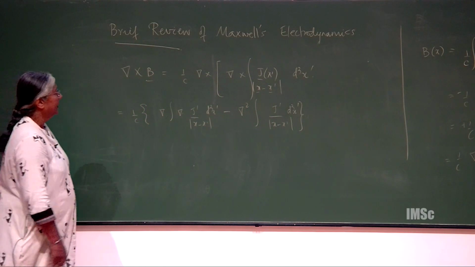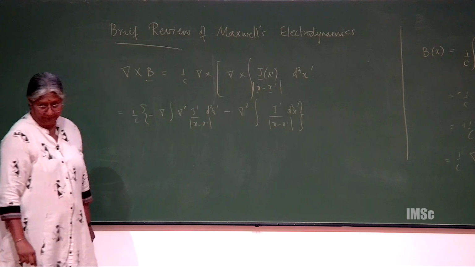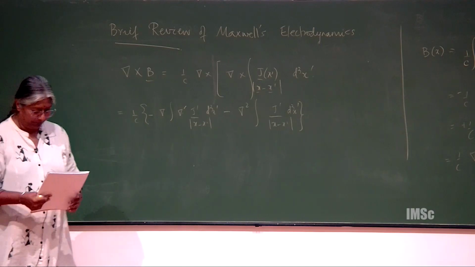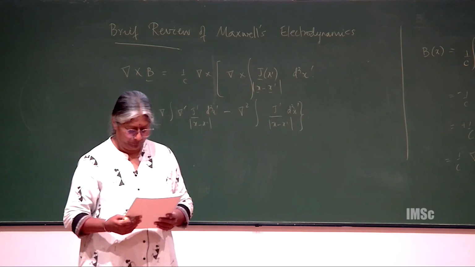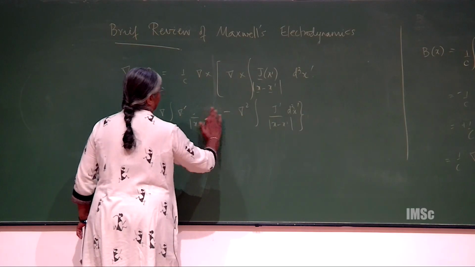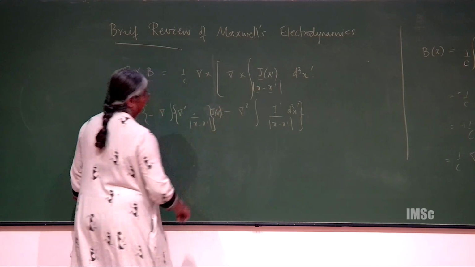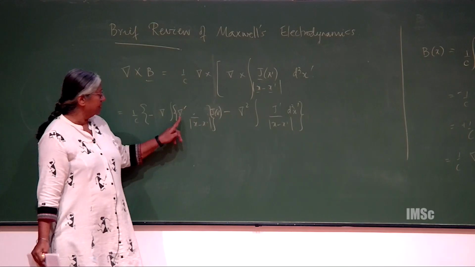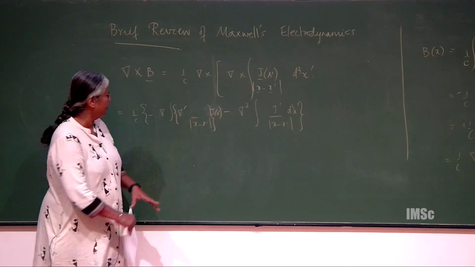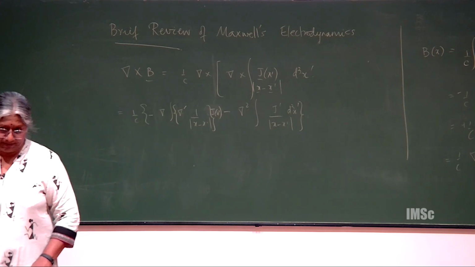Now I already told you that del acting on this denominator is the same as minus del prime acting on this denominator. And I'll put a bracket here because now I have to be a little careful. Why should I be careful? Because now this is d by dx prime and this also contains x prime. But right now, because this was acting on this quantity only, it is still only acting on that quantity. I have not done anything else.